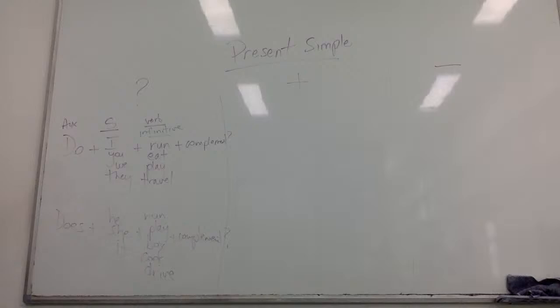Okay, so infinitive is original verb. You see, run, eat, play, travel, run, play, box, cook, drive. All these verbs are simple. Nothing has been added, just simple. Always for do and does.